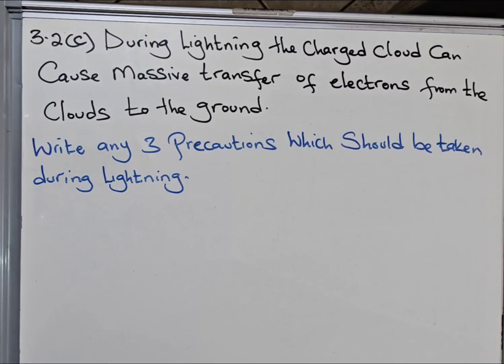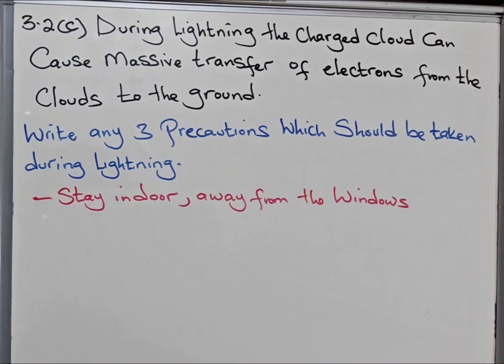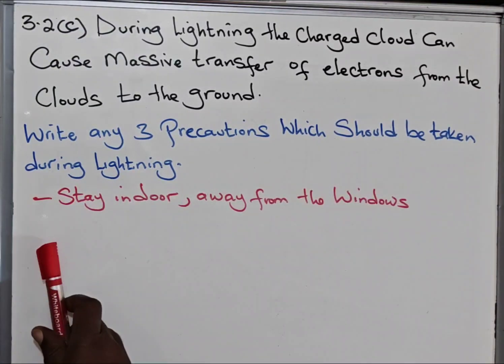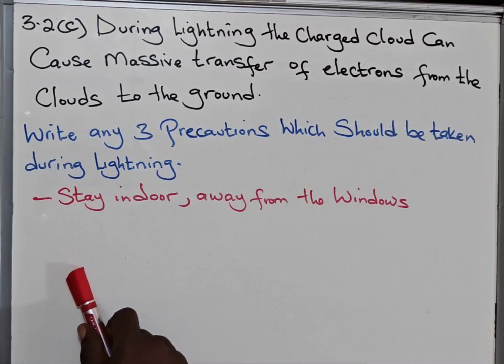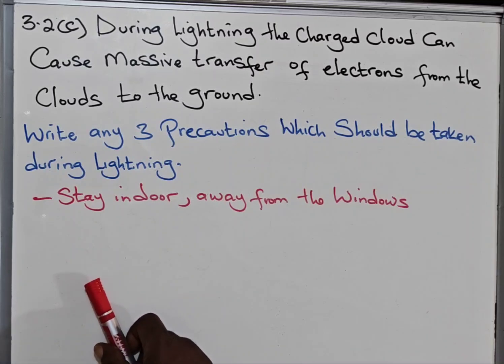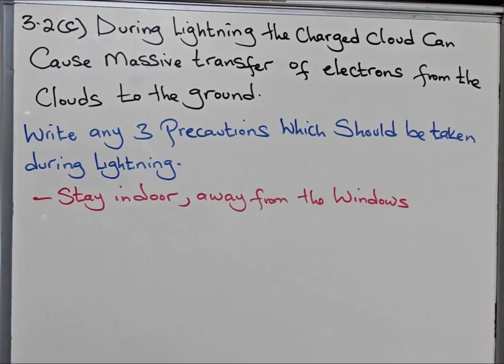But what are the precautions we should take during lightning? The first one is that we should stay inside the house. If it finds you inside the house, stay inside and away from the windows. Next, avoid standing under tall structures like trees.